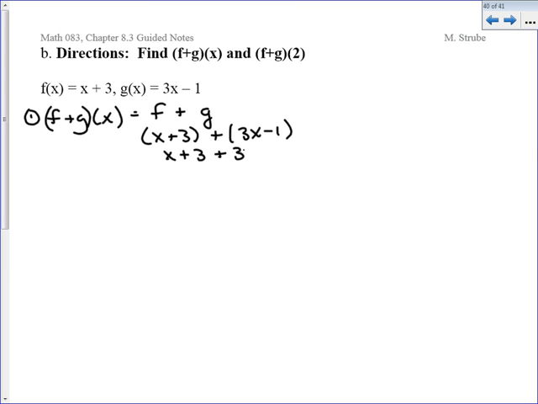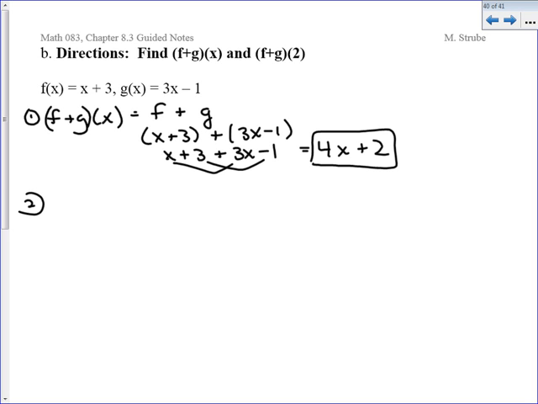I can combine my like terms. No special rules here because it was addition. So I get 4x plus 2. So that was one question. Completely separate question. Find f plus g of 2.